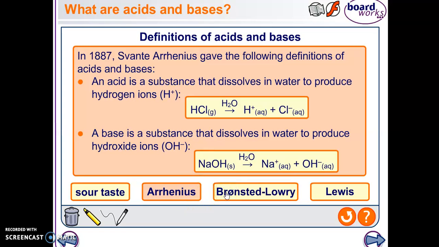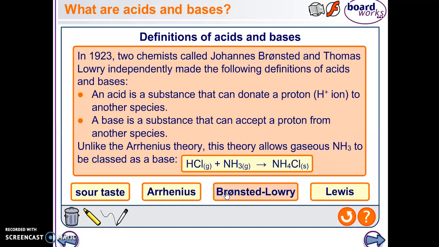Then another theory is Bronsted-Lowry theory, which is especially important for us. According to this theory, an acid is a substance that can donate a proton, H plus ion, to another species, and a base is a substance that can accept a proton from another species. So here we need not bother about whether the substance is in gaseous phase or in aqueous solution phase.